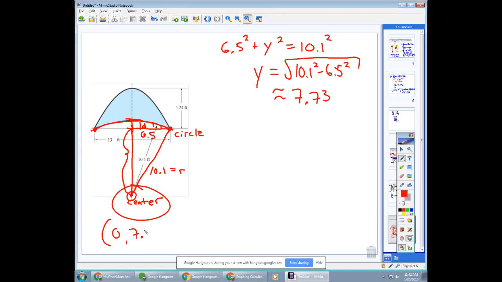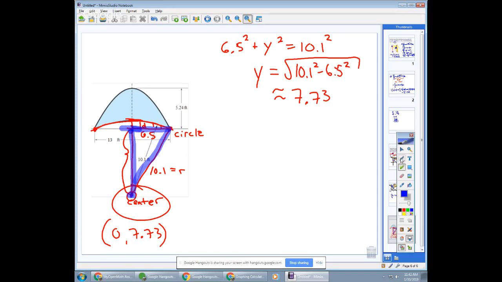I made this right triangle here, which gave me that side length right there, which is the distance from the origin down to the center. So now I know the y value of the center. Since that's the y-axis, the x value is 0.